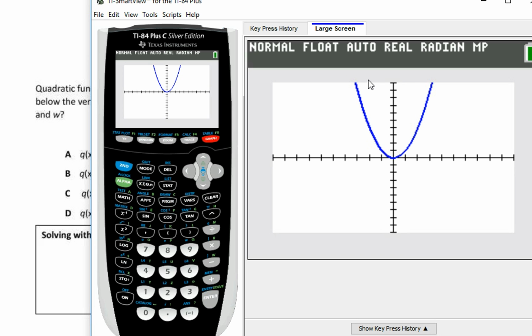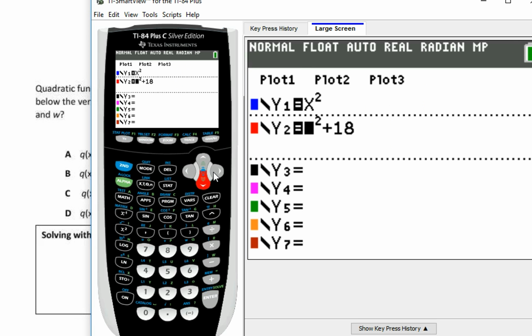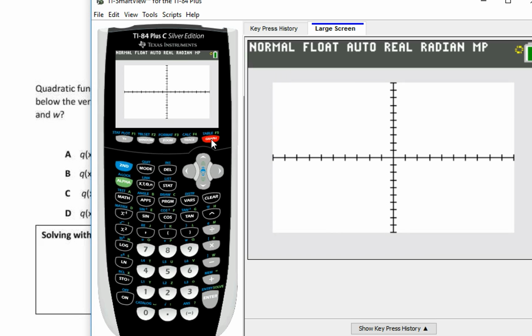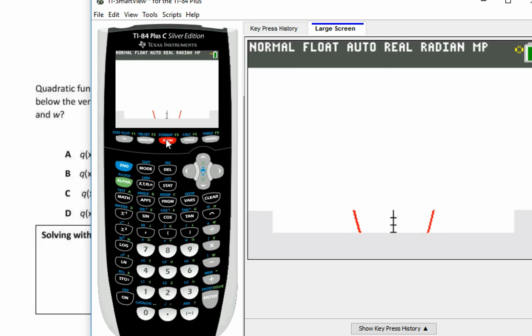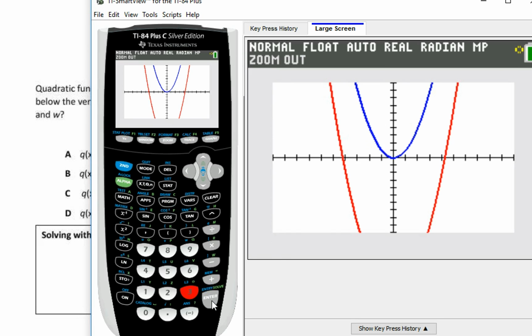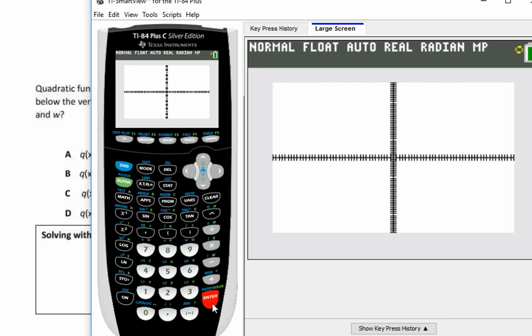I'm not going to take the time to zoom out, but he actually has a y-intercept up there at positive 18, so he's not exactly 18 units below, but that gives me a clue to go look at what happens if I change it to option D, where it says x squared minus 18, and go look at my graph. And here he comes. So again, there's W of x, and there is Q of x, and odds are that guy is sitting 18 units below my current graph.